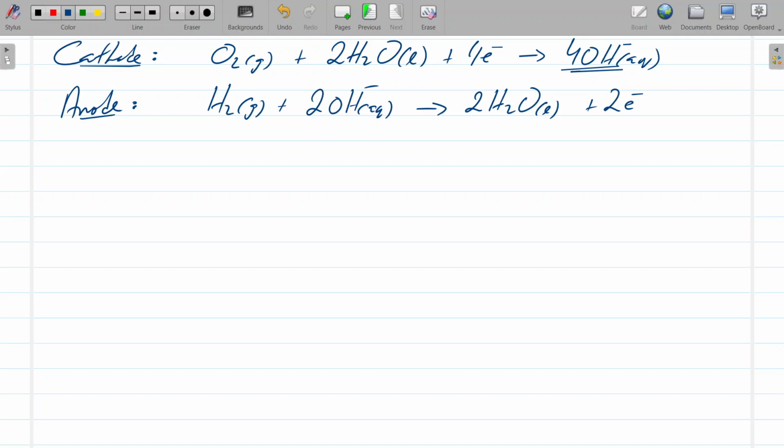Right, that's basically what's happening. So oxygen's coming in, hydrogen's coming in, oxygen is reacting with water and gaining electrons to turn into hydroxide ions. Then the hydrogen's coming in, it is utilizing those hydroxide ions that have been produced at the cathode, making water.